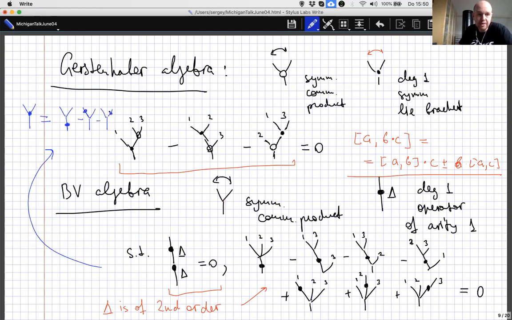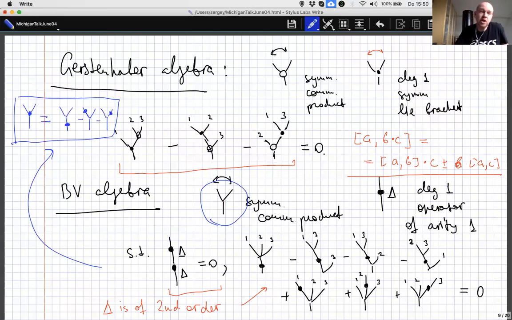And so what I want to say is that whenever I start with a BV algebra, I can construct this operation. It's going to be a shifted Lie bracket, and this shifted Lie bracket together with my original symmetric commutative product would form a Gerstenhaber algebra, right? So it's a quite natural procedure. Once I start with a BV algebra, I can always construct a Gerstenhaber algebra, right?